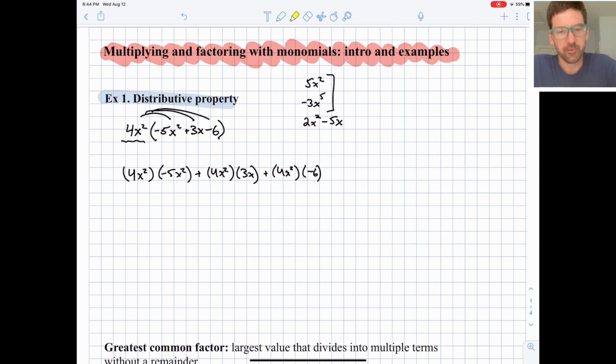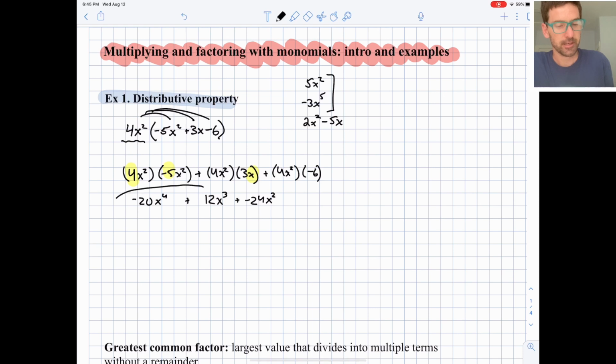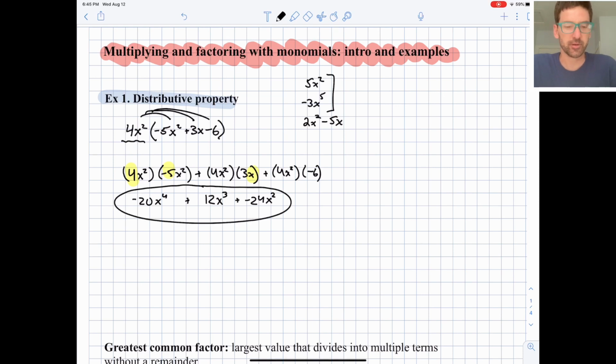So remember about like terms, our constant terms joined together, we have a negative 20, and then our x terms give us x to the fourth plus a 12x cubed. Recall that this x has a hidden exponent of 1. And then plus a negative 24x squared. Okay, and that would be our final answer right there. And it already is in standard form, decreasing order of exponents.